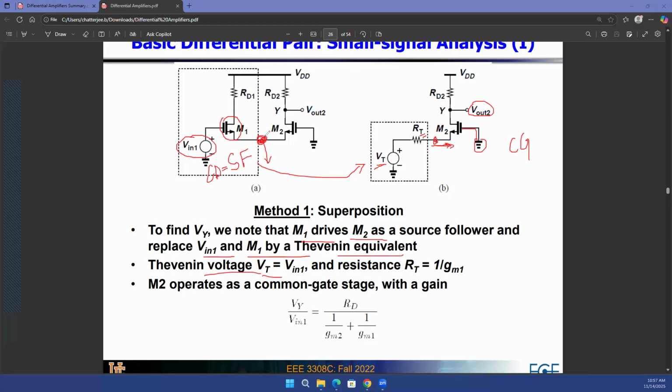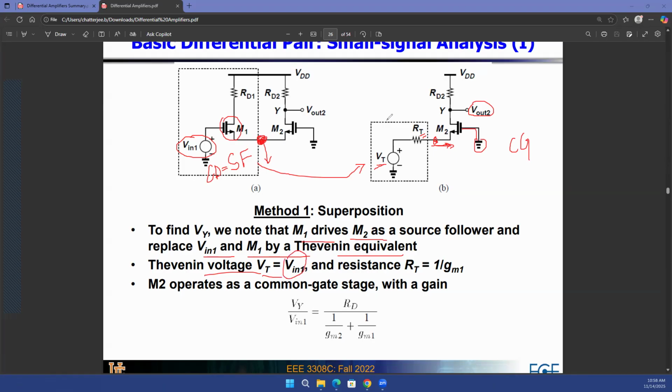The input at gate, output at source. Drain is the reference terminal. That is common drain or source follower. And for a source follower, you know that the gain is almost equal to 1. And that is why it is called a source follower. The output is at the source and the output at the source follows the input. So the source node of both of these M1 and M2 transistors, the voltage at the source node is going to be equal to V1.